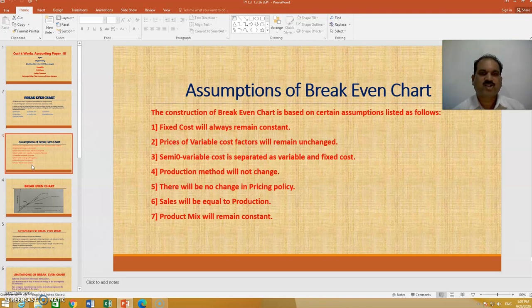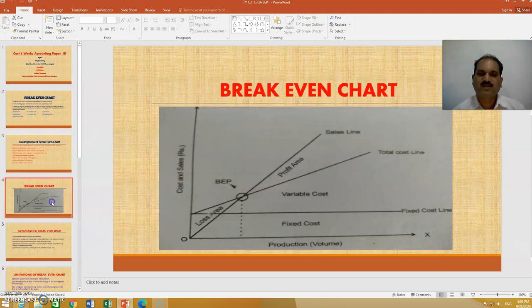Fourth, the production method will not change. Fifth, there will be no change in pricing policy. Sixth, sales will always be equal to production. And seventh, product mix will always remain constant.